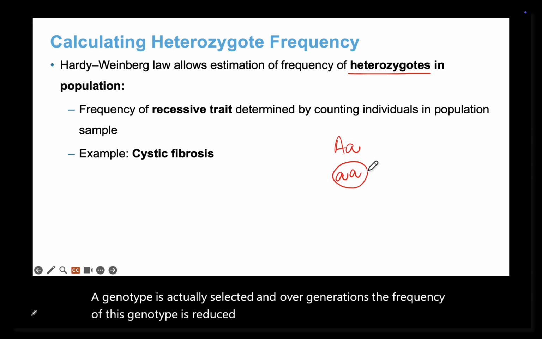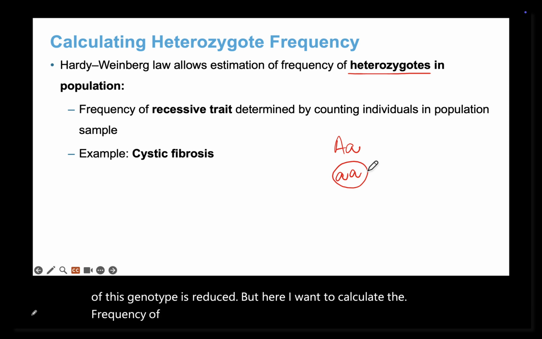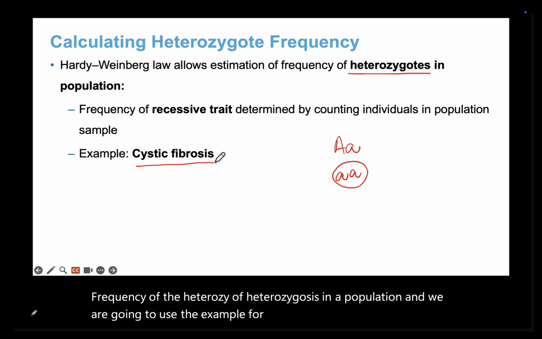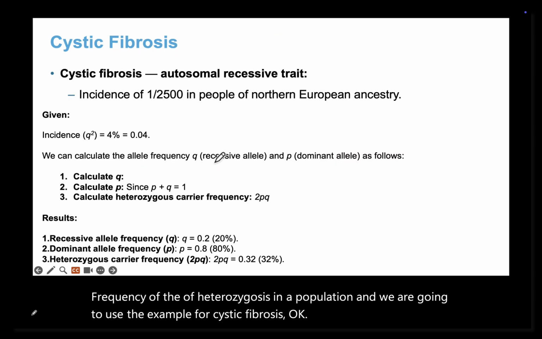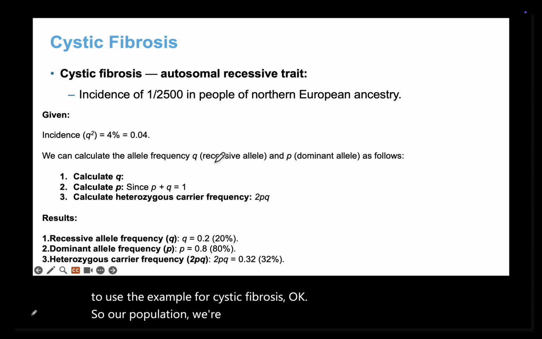But here, I want to calculate the frequency of the heterozygosis in a population, and we are going to use the example of cystic fibrosis. Okay? So for our population, we're going to use a Northern European ancestry.